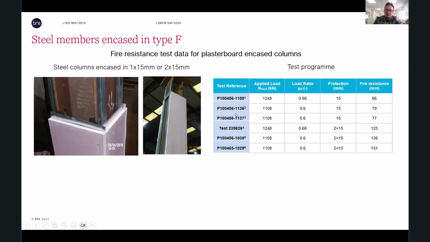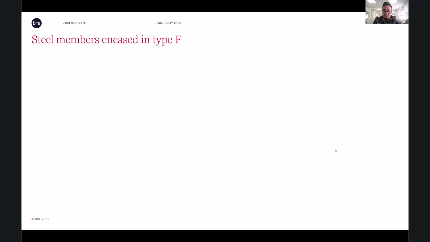So what we are looking at is defining user-defined material properties for a generic type of plasterboard, which is type F. What you can see over here is the three different tests on the 205 by 205 by 52 steel column. The first three tests are with one layer of 15 mil plasterboard. The second tests are two layers of 15 mil plasterboard, three different manufacturers. So three different solutions.